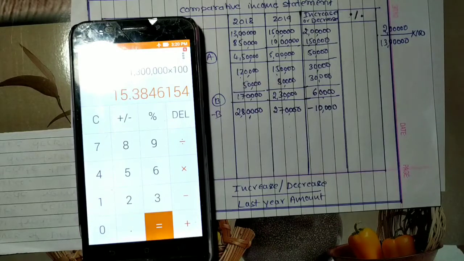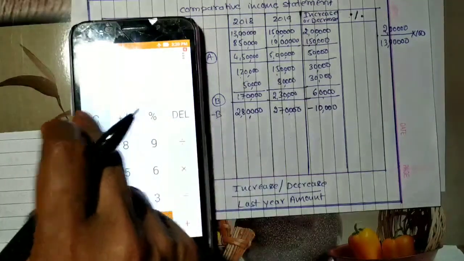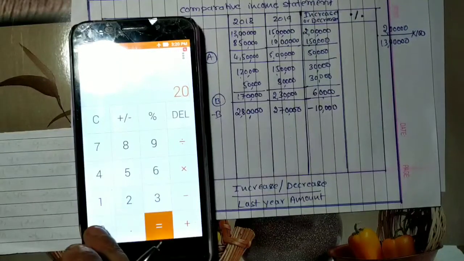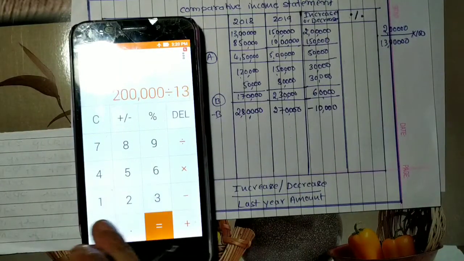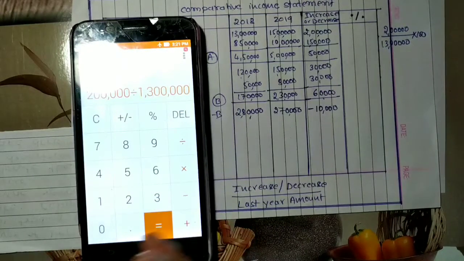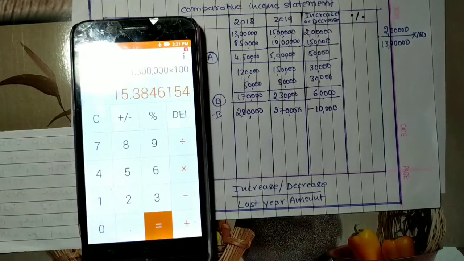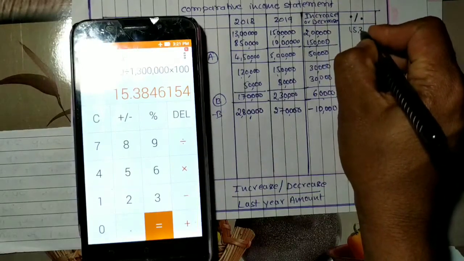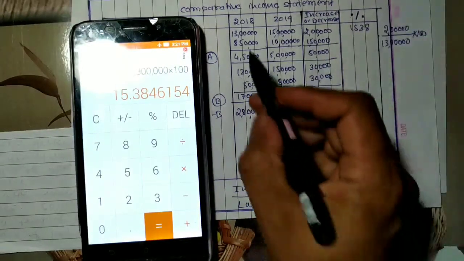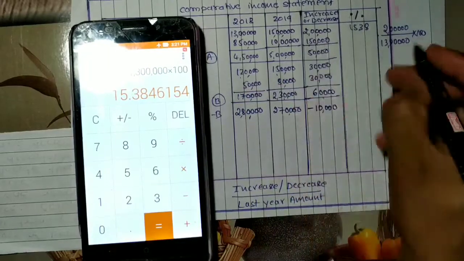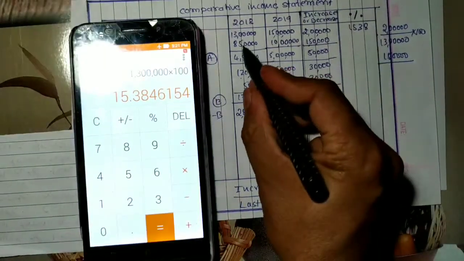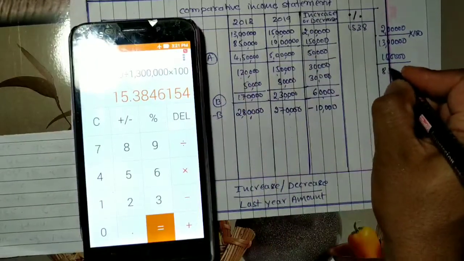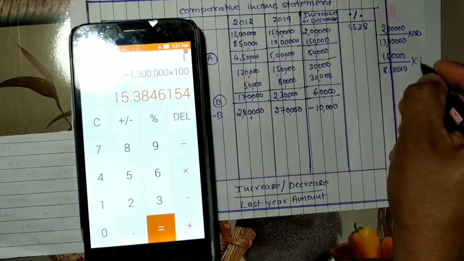So now 2 lakh divided by 13 lakh into 100. We arrive at 15.38. Same kind. So what is the difference? 1,50,000 divided by last year amount 8,50,000 into 100.